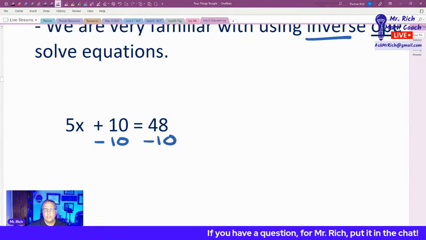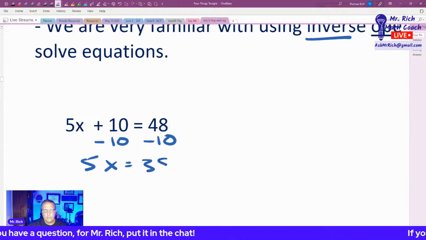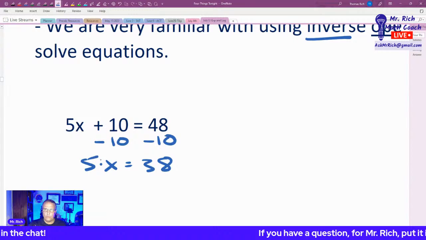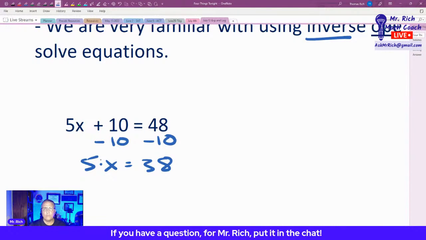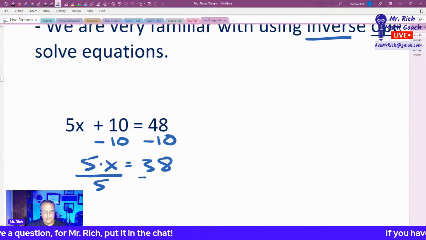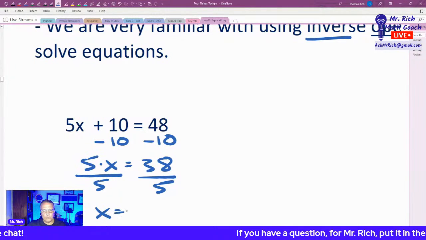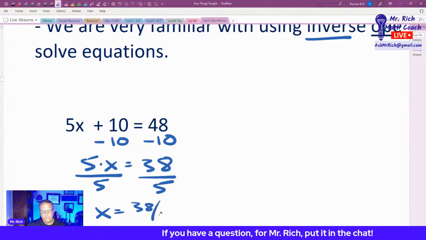So I then subtract 10 on both sides, giving me 5x. 48 minus 10 is 38. I now have 5 times x. I want to solve for x by using the inverse operation of multiplication, which is division. So I divide that by 5 on both sides, and I get x equals 38 fifths.